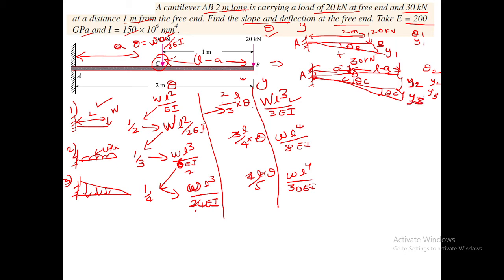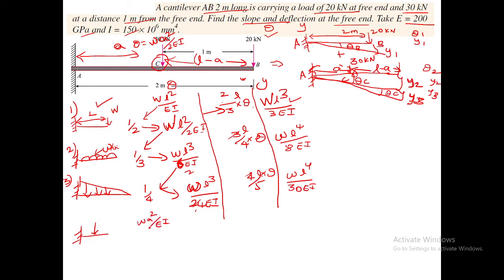For the middle point load cantilever beam, if you write the deflection equation, the slope is WA square by EI.